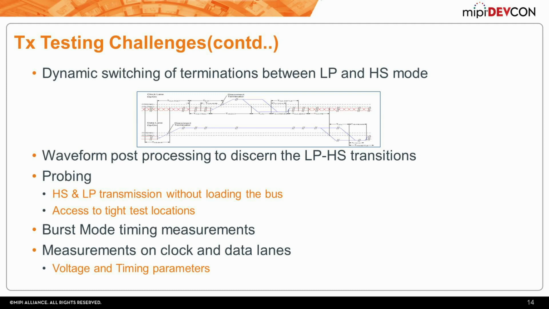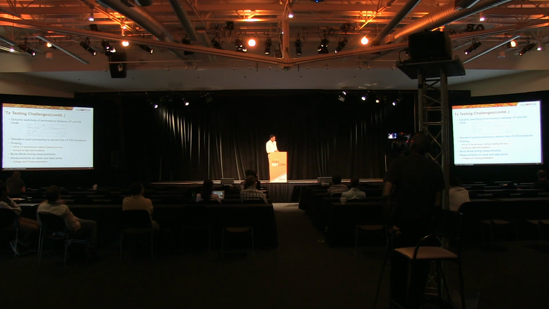The test point should be easily accessible. That's also a challenge. You may not always have the SMA outputs which you could connect directly to the scope. Access to tight test locations is also key. And in some of the other cases, we need to perform timing measurements, and we need to perform measurements on both data and the clock.